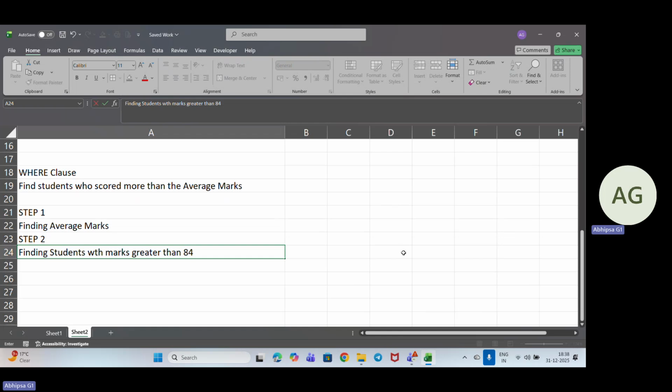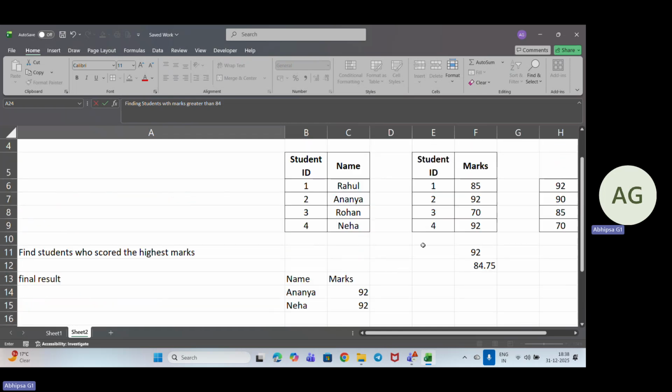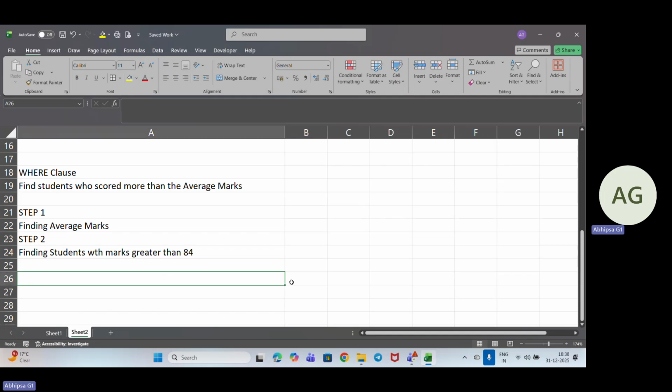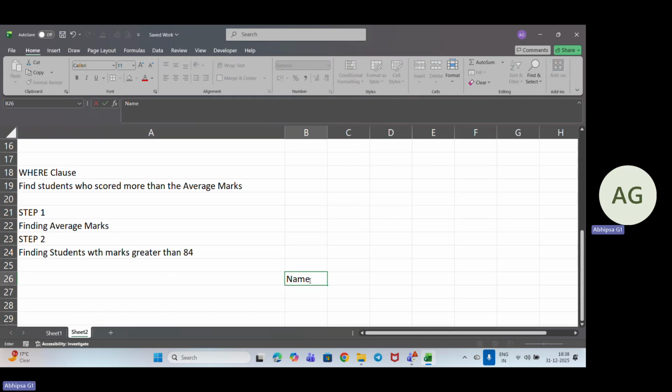Okay. Now, basically, we will be finding the student who has got marks greater than 84. So we have got Rahul, we have got Ananya, and we have got Neha. All of this result, we will be getting it up here. So the final result would be name, then marks, then we would be having Rahul, next Ananya, and next Neha.